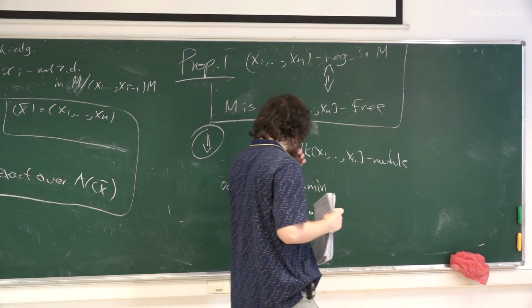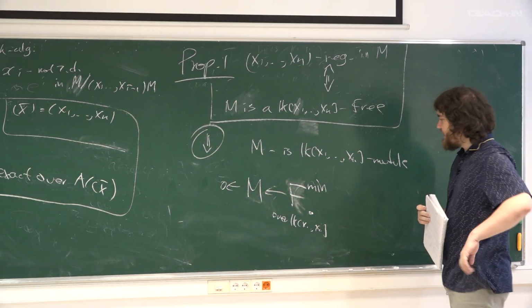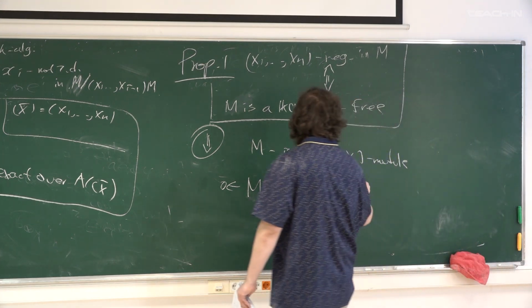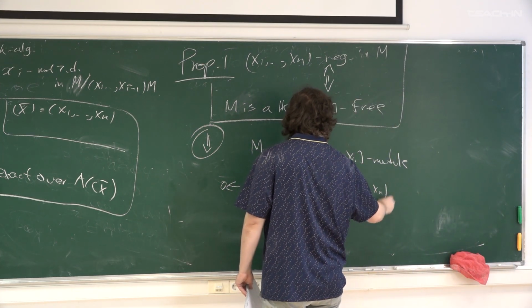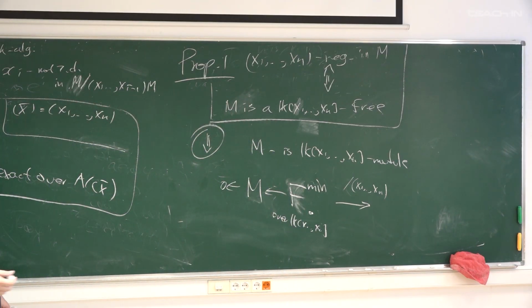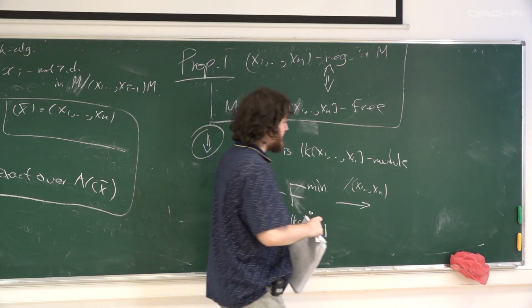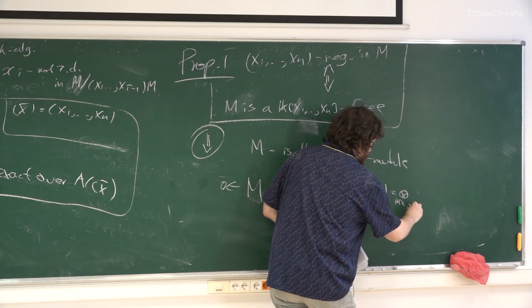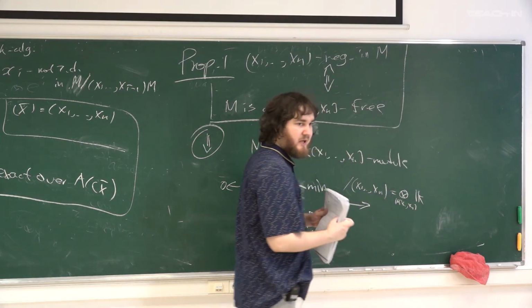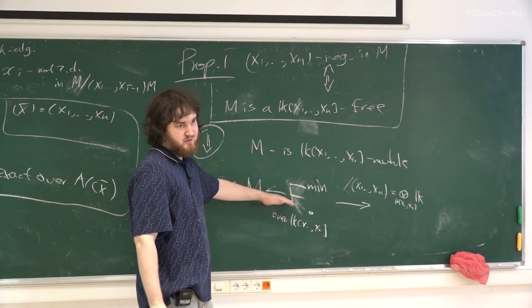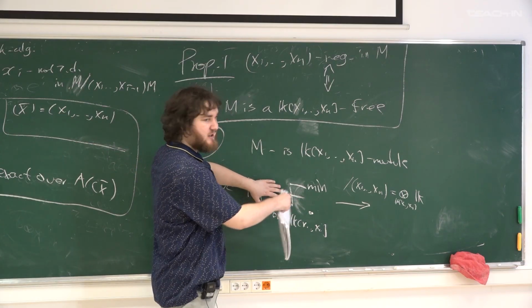And then I can consider the quotient of this resolution modulo x1,...,xn. It's the same thing as tensoring over the polynomial ring with k. So by the definition of minimality, all differentials in the resolution become zero.